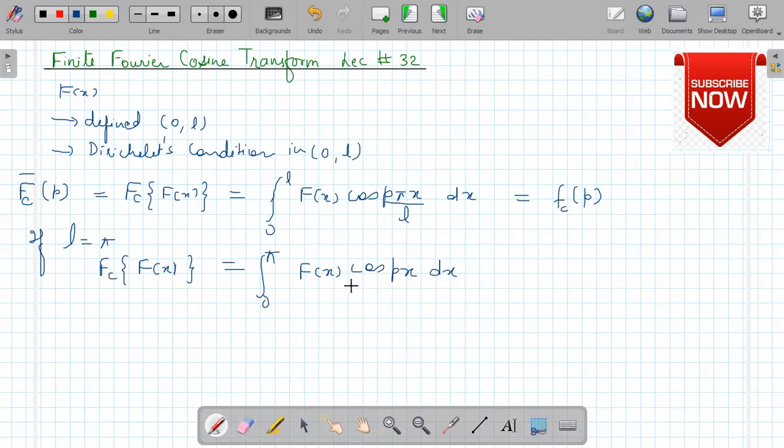Okay. We can also define the inversion formula for finite Fourier cosine transform.